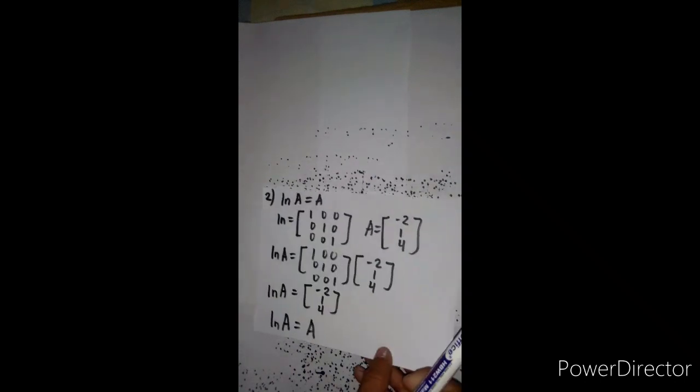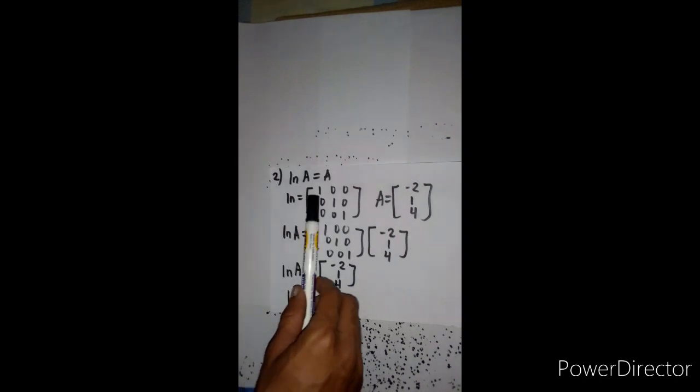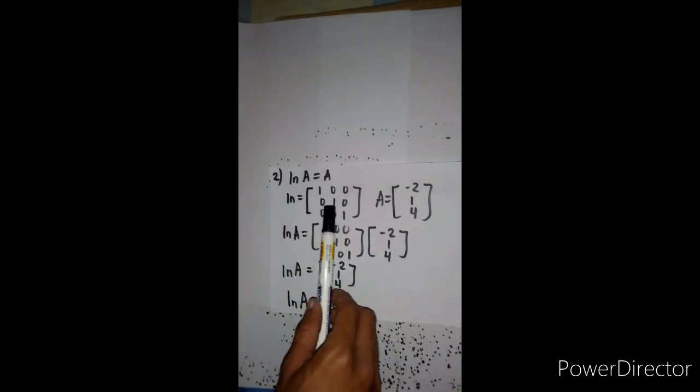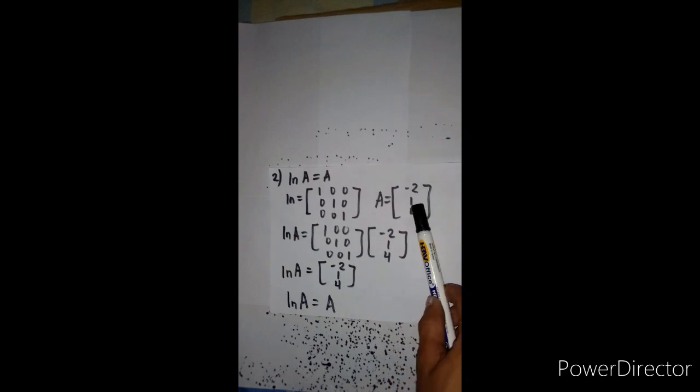For our second property under Theorem 2.4, I subscript m multiplied by A is equal to A. We have a given value for this, 1, 0, 0, 0, 1, 0, 0, 0, 1, and matrix A, negative 2, 1, and 4.